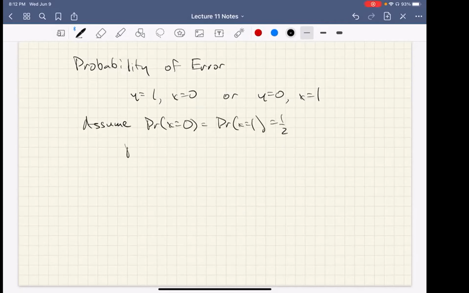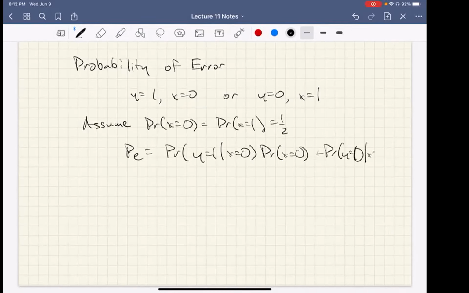Then we get the probability of error is the probability that y equals 1 given x equals 0 times the probability that x equals 0, plus the probability that y equals 0 given x equals 1 times the probability x equals 1.